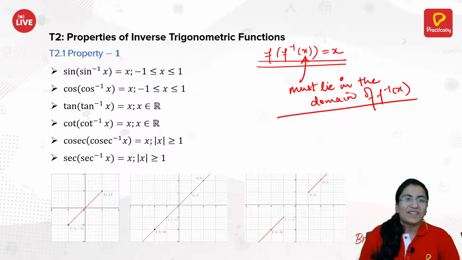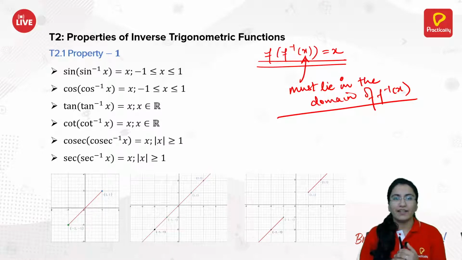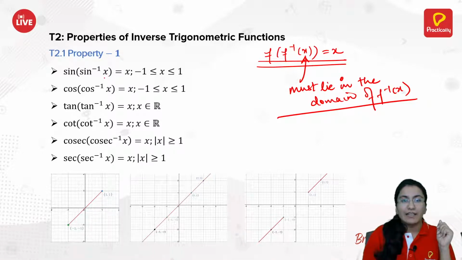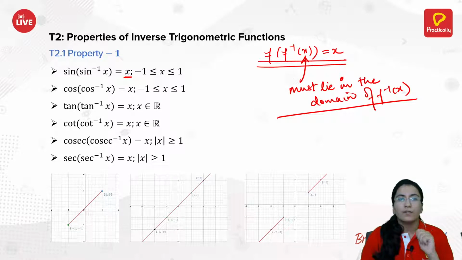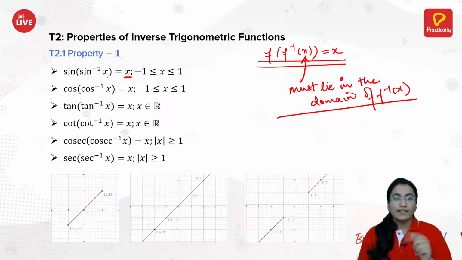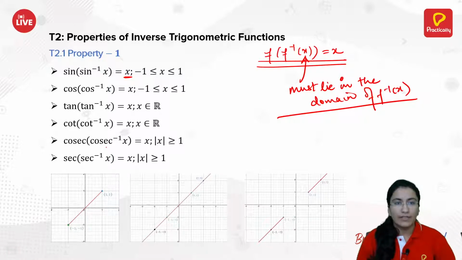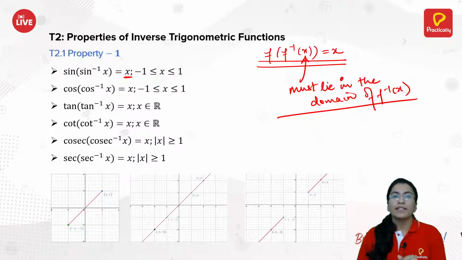Okay, so sine of sine inverse x is basically x, if the values of x you are providing lie in the domain of the sine inverse x function. So if x lies in the domain of sine inverse x, you will have the value as x only. You can see this is happening in all the functions. You have cos of cos inverse x equal to x only when x lies in the domain of cos inverse x.